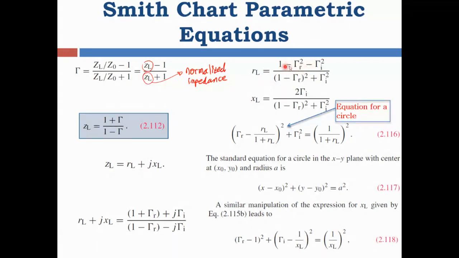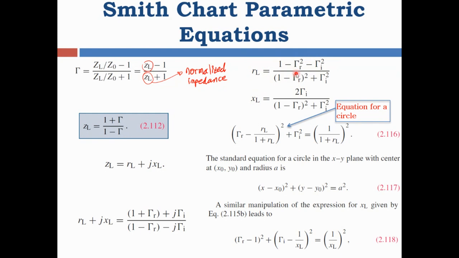I do these, given the gammas, and I get the corresponding real part, and the same thing with the imaginary part. But to make it more obvious and get to what the Smith chart is, we can manipulate this equation right there.